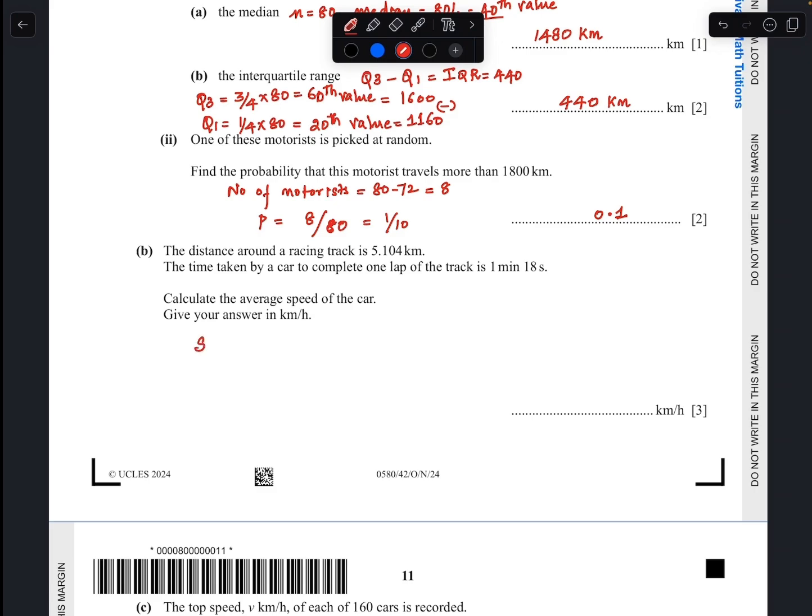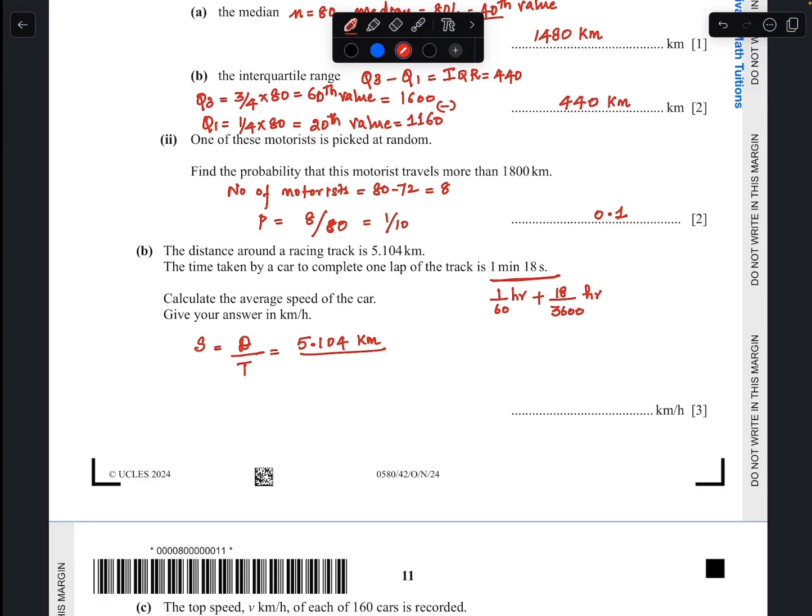Okay, so speed is equal to distance by time. Distance is 5.104, which has been given in kilometers, but time is given in minutes and seconds. So let's convert that. 1 minute is equal to 1 by 60 of an hour plus 18 seconds is equal to 18 divided by 3600 of an hour.